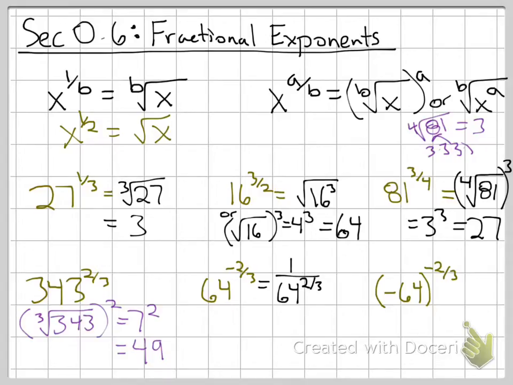Really, the negative, we move it, that's gone, and I just need to simplify 64 to the 2/3. Whatever that ends up, it's our denominator, and I'll have my result. So it's kind of one step at a time. So it's going to be 1 over, we'll do the cube root of 64 squared. Cube root of 64, that's 4, and then 4 squared. So that comes out to be 1/16.